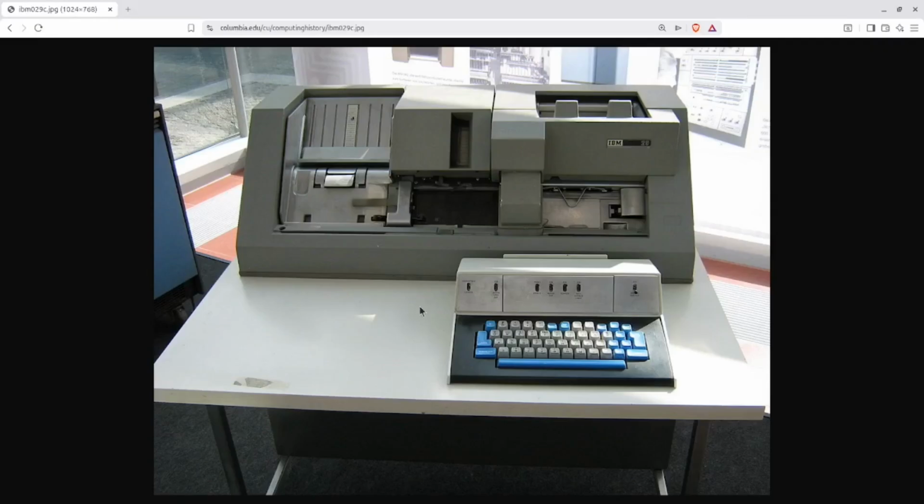How you used this was to put a stack of blank cards into the top right hand trough, press feed on the keyboard, and a single card would be delivered down into the punch mechanism. Then as you typed the line of code, the card would be moved along a character at a time.